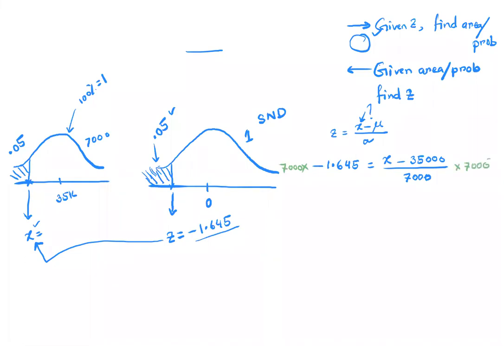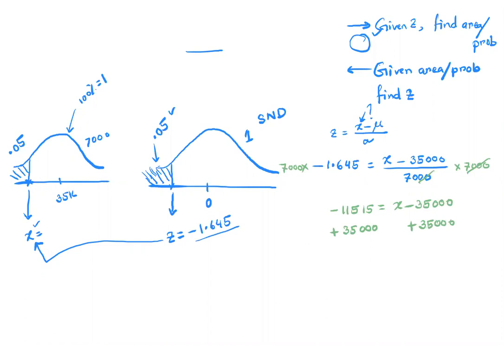On the right hand side, this and this are going to cancel out. That's going to give you x minus 35,000. And on the left hand side is going to be negative 1.645 times 7,000. And that is going to give me negative 11,515. Now we are going to add 35,000 to both sides.